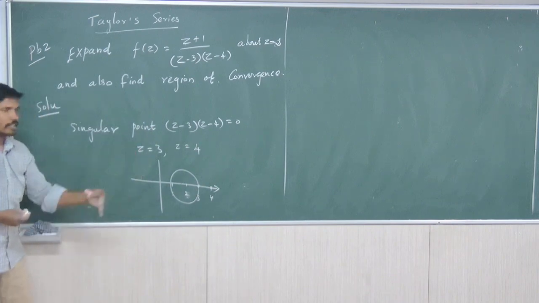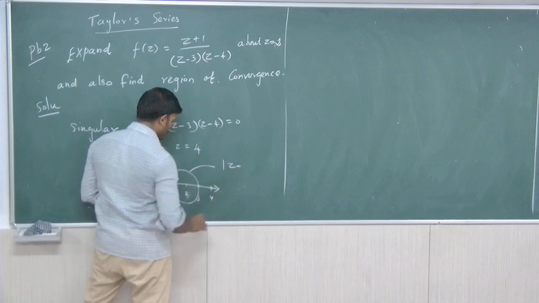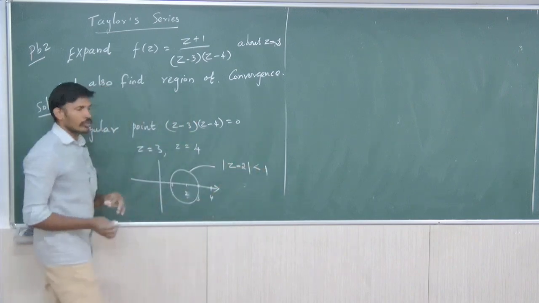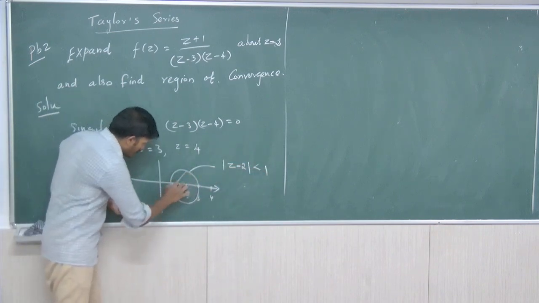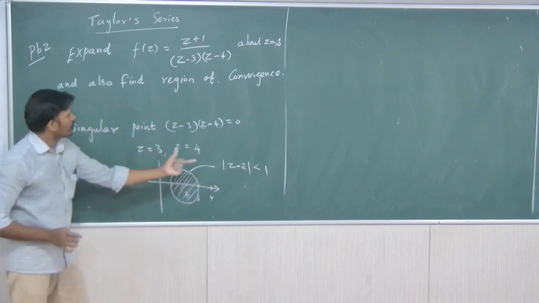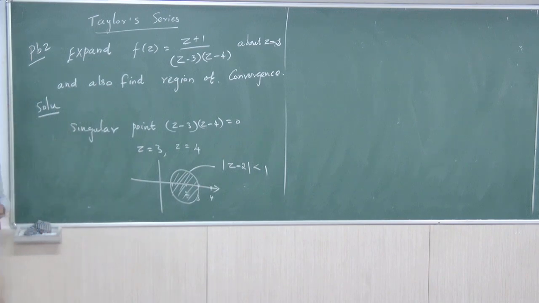So mathematically I am going to represent modulus z minus 2 less than 1. The 1 is not included, only inside the region. So this is called a region of convergence.